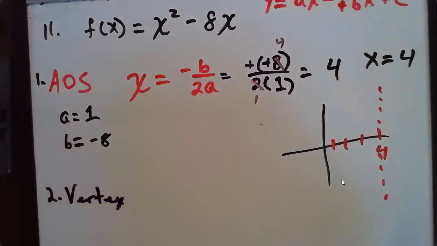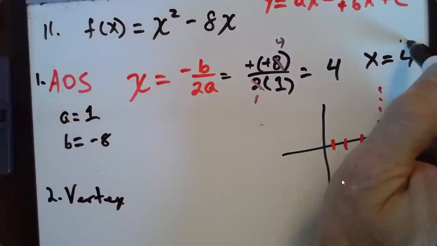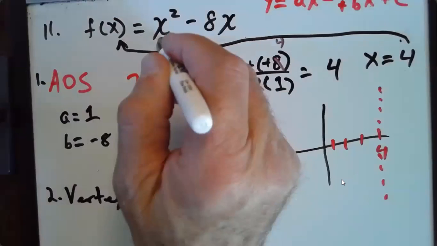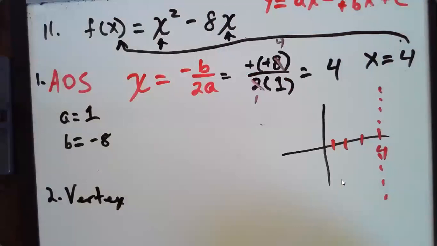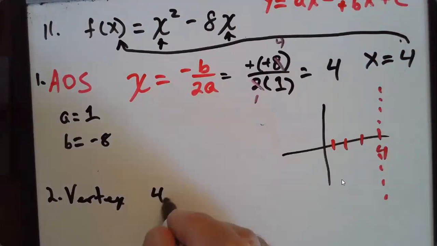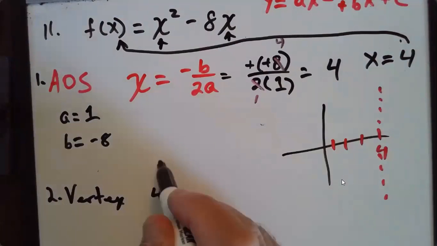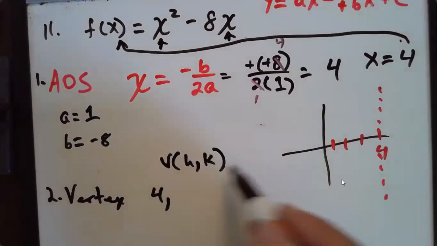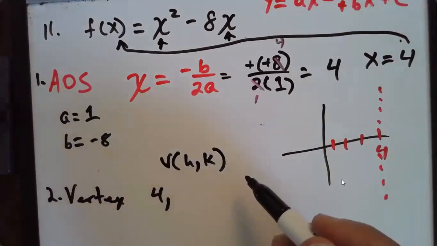And the way we do that is we take what we found in the axis of symmetry and substitute it back in for x, and we find the y component. Typically for the vertex, we use h, k, and any other point is x, y.